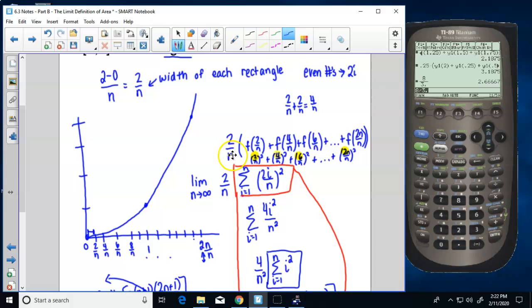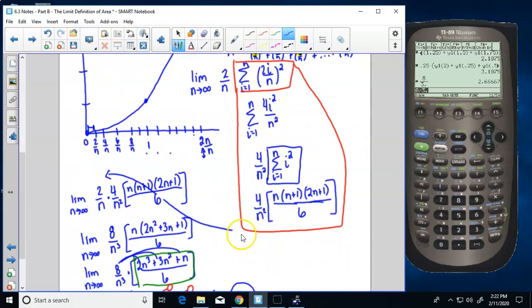So n's your number of rectangles. It's the length of your interval divided by the number of rectangles. And so that has to be the width, and then you multiply by the stuff here. I kind of left that out for a minute while we worked on this stuff, but then included it back in whenever we did this here. Okay, questions?